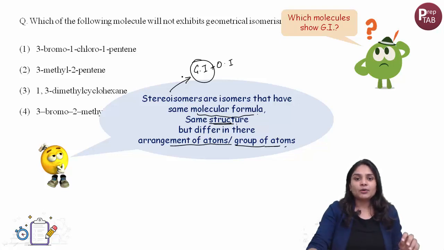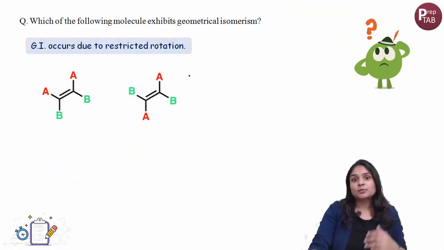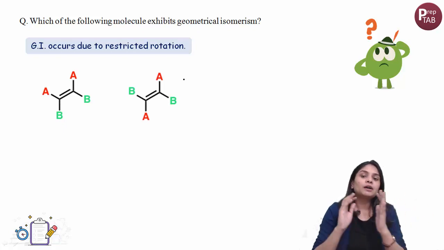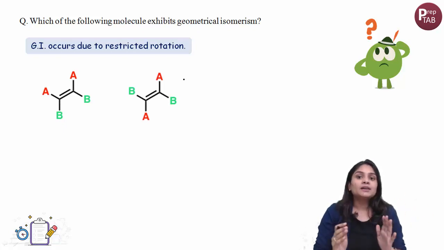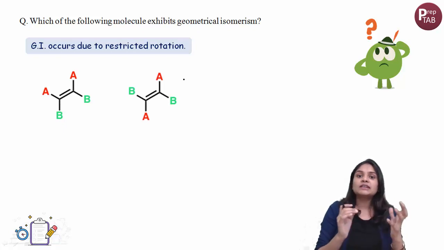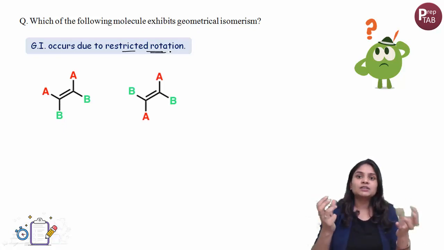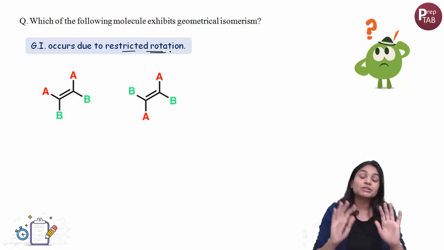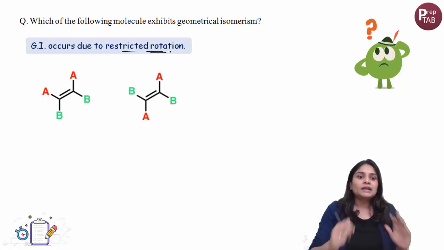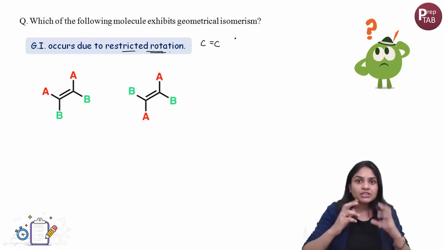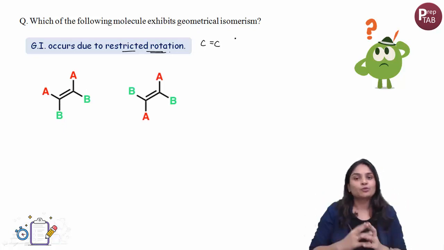So what are geometrical isomers? Geometrical isomers, again, have the same molecular formula, same structure, but the arrangement of atoms in these isomers is different due to restricted rotation. In both the isomers, the rotation is not feasible. Like in the case of C double bond C, rotation around the double bond is not feasible at room temperature.